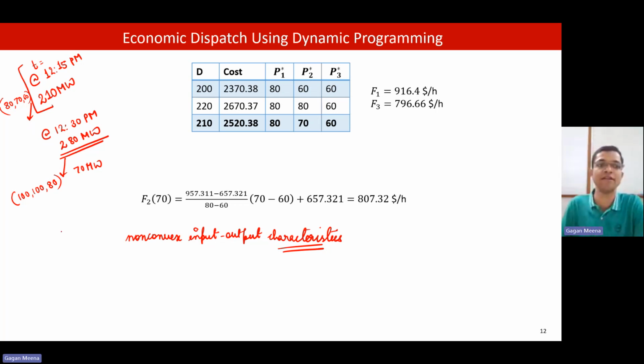This is the schedule as per the individual economic dispatches for two successive time blocks. This is the optimal as per economics for these time blocks. I mean, this will give us the minimum cost solution.